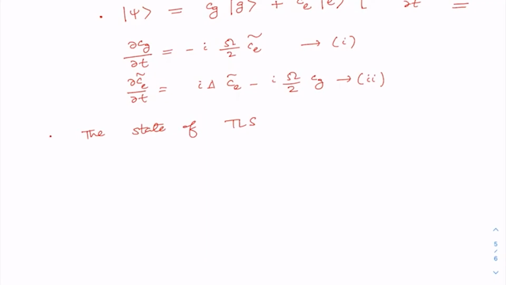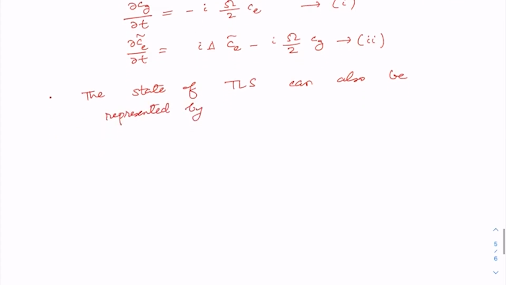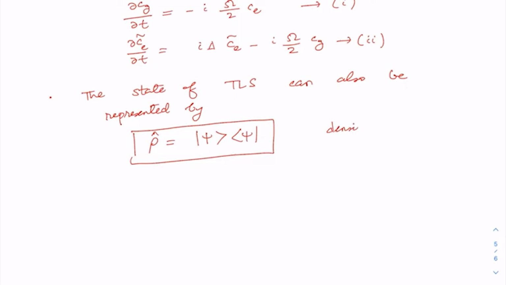On the other hand, the state of the two-level system can also be represented by a quantity, say rho, equal to this ket and bra notation. If you look at it, this is basically an operator, and this operator is called the density operator, also known as the density matrix.